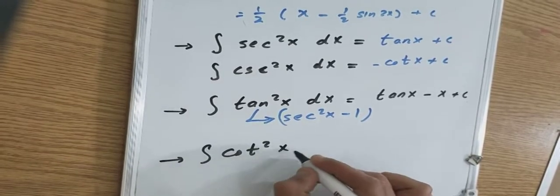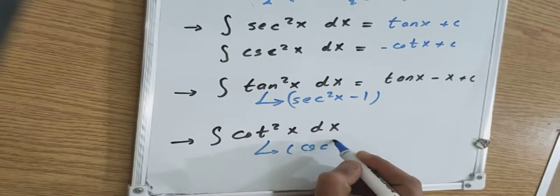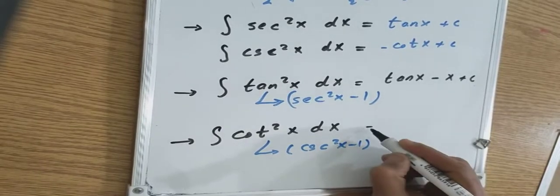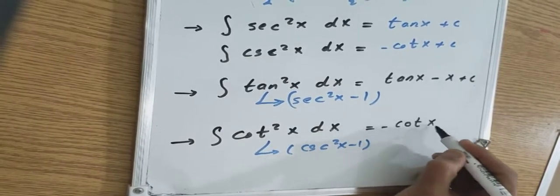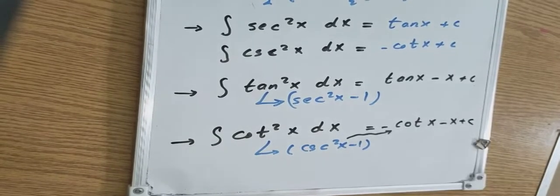In the same way, the integration of cotan squared, using the identity that cotan squared can be written as cosec squared minus 1, the integration of cosec squared is negative cotan, and the integration of 1 is x, plus c.